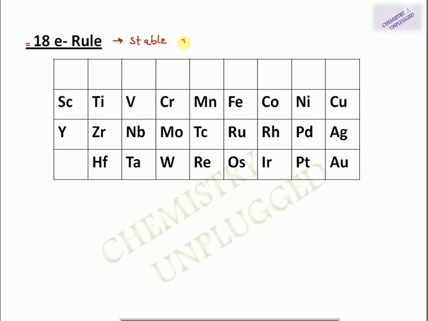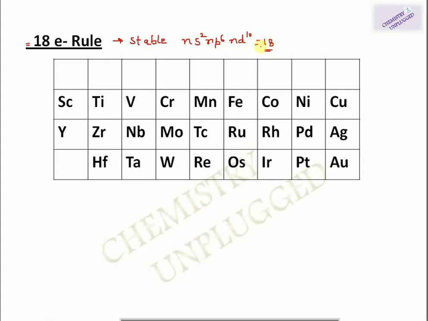Because if you see ns2, np6 and (n-1)d10, the total will be 2 plus 6, 8, plus 10, 18. If a metal ion is stable, it does not want any electron, or it will not give its electron. It occupies a stable configuration only when it has 18 electrons in its outer shell.